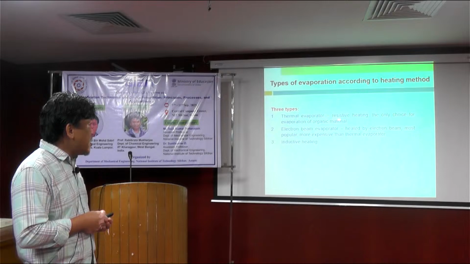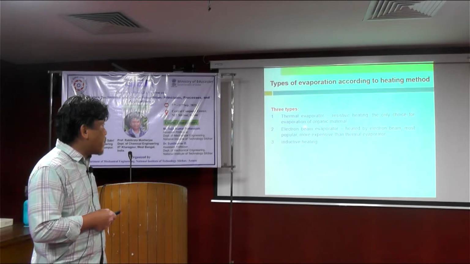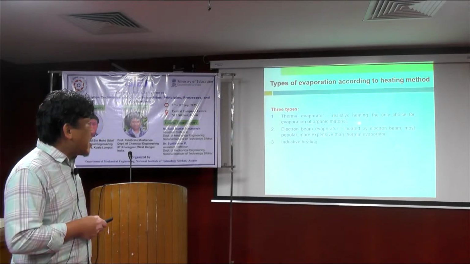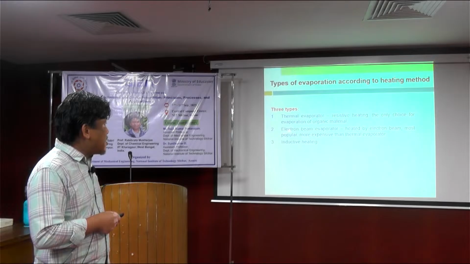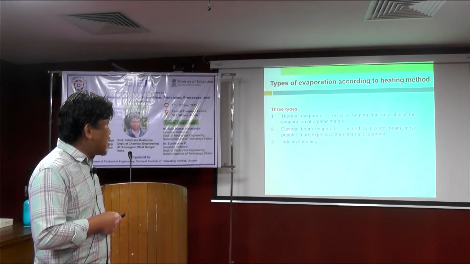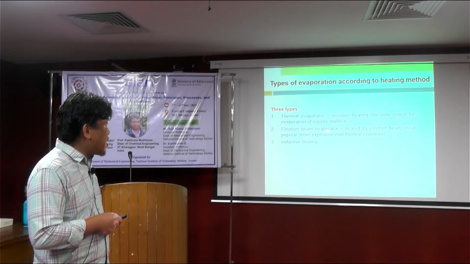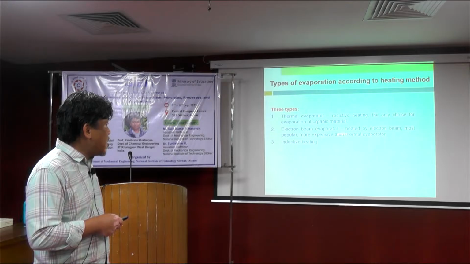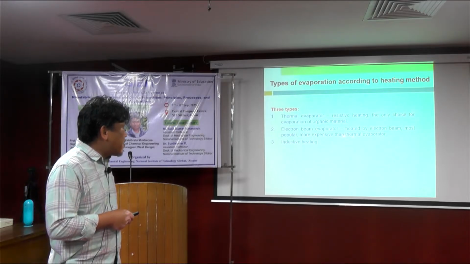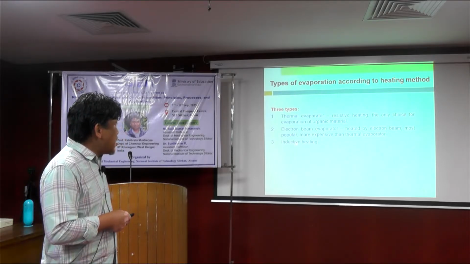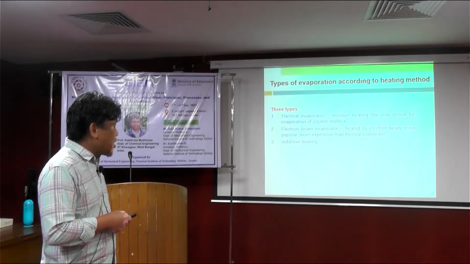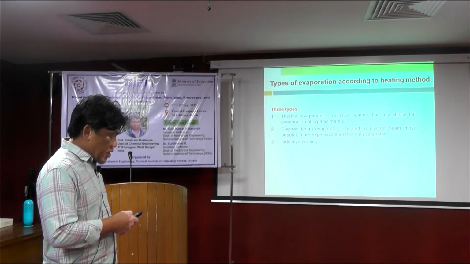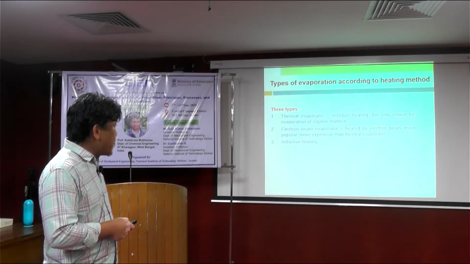Thermal evaporator: resistive heating, the only choice for evaporation of organic material. Then, as I mentioned before, there is the electron beam evaporator, heated by electron beam, most popular, most expensive. Then we have inductive heating, which is maybe not that widely used.